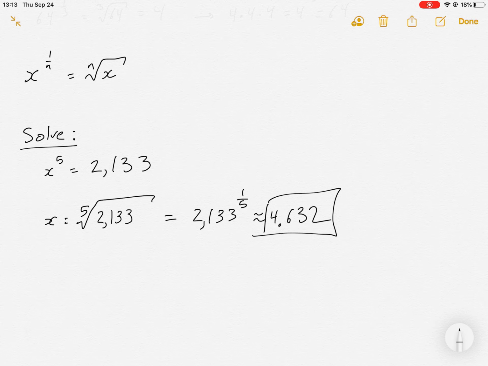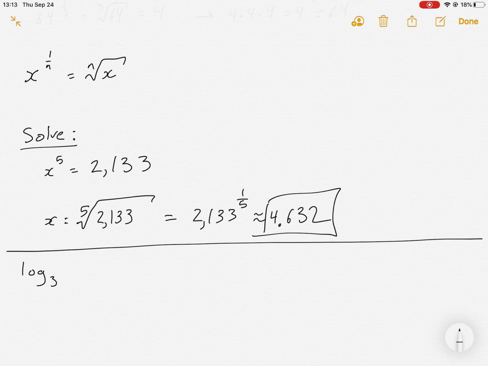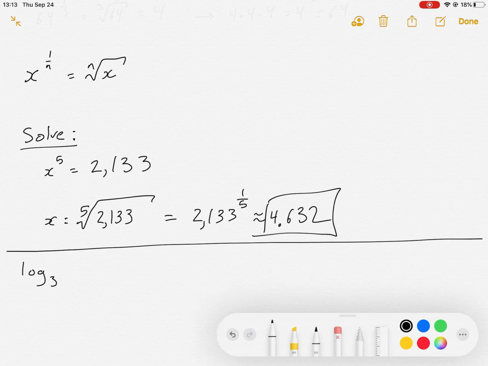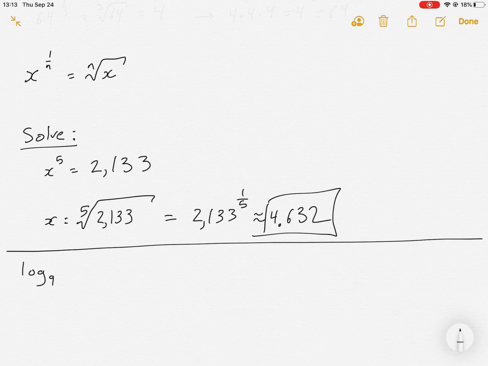And so that would be my answer in this case. Now the reason I reintroduce this topic in this section is because if we go back to logarithms and I were to ask you, what is log base 9 of 3? Remember in the last video we said I'm looking for some number, which I'll just call x, such that this equation is true: 9 to the power of x, using the definition of a logarithm, equals 3.